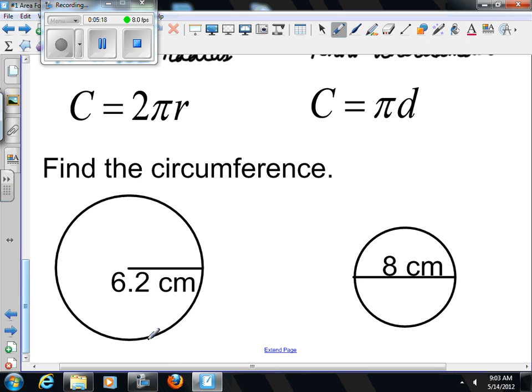So let's do this next one here. In this first circle where we want to find the circumference, we know the radius is 6.2 centimeters. So we are going to use that first formula, C equals 2 pi r.